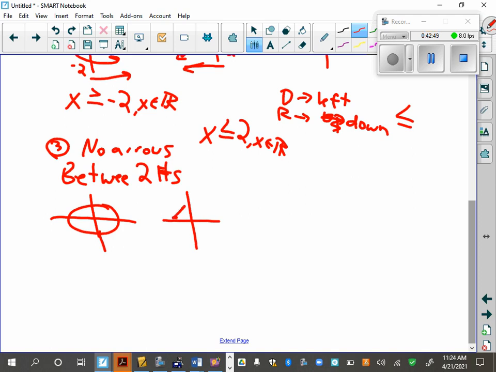That means the domain here, let's just say -4 to 3, are all values of x between -4 and 3. You write down -4 and 3, x in the middle, and then use your less than or equal signs. So that's the only time you do that, when you have no arrows. So don't do this when you have examples 1 and 2.